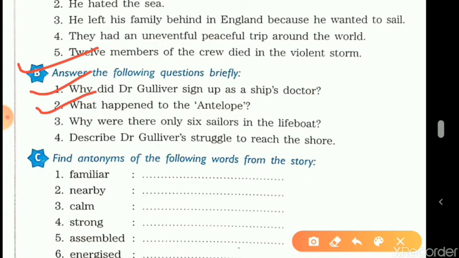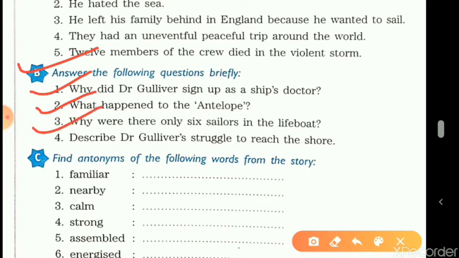A violent storm hit Antelope and strong winds drove it onto some rocks which split, S-P-L-I-T, split the ship apart. Again, I'm repeating, children. What happened to the Antelope? Answer. A violent storm hit Antelope and strong winds drove it into some rocks which split the ship apart.